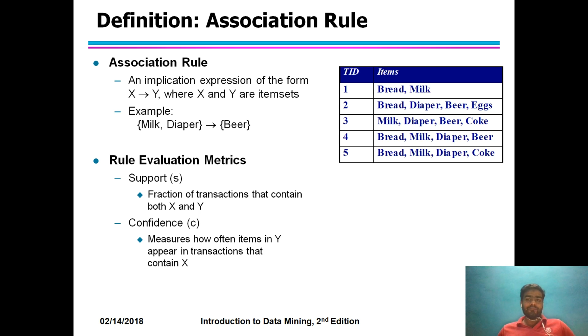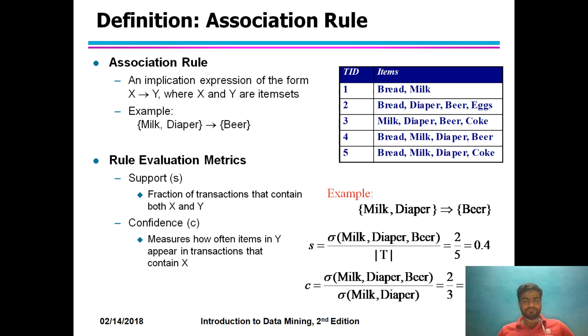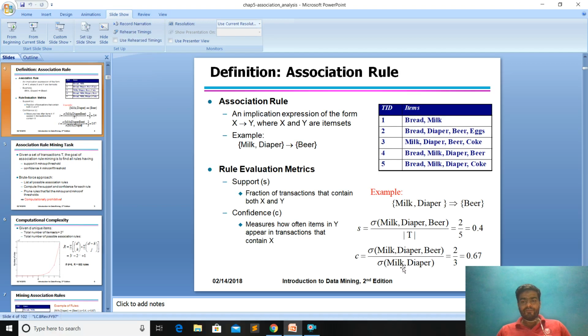In transaction 3, milk and diaper is present. So if X is milk and diaper, Y is beer. We need to find a transaction where beer is present when milk and diaper is also present. So for milk and diaper, S, the support, is the support count sigma of milk, diaper, beer divided by T, where T is the total number of transactions.